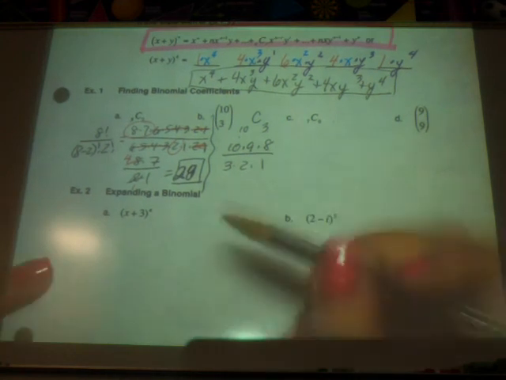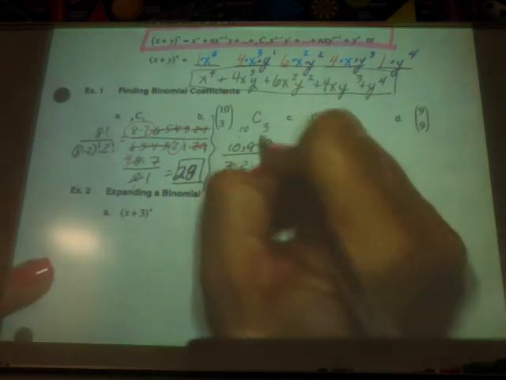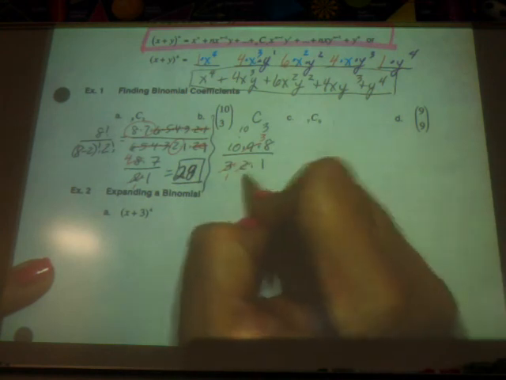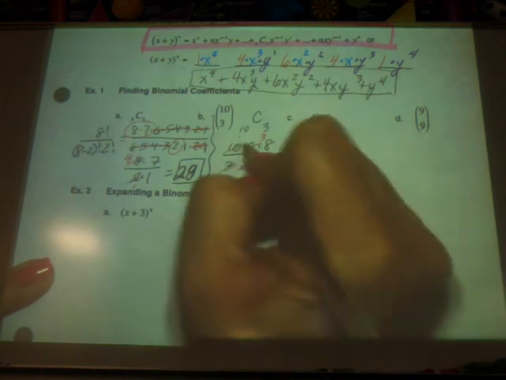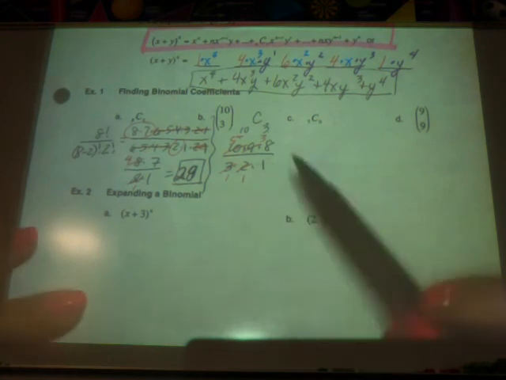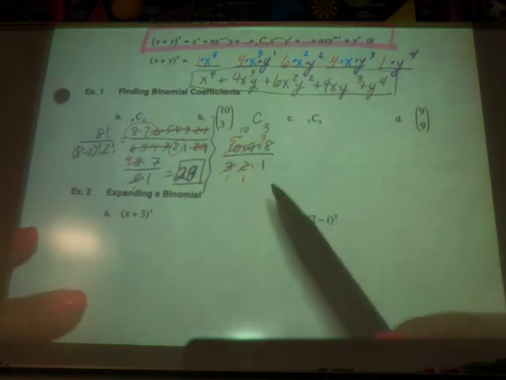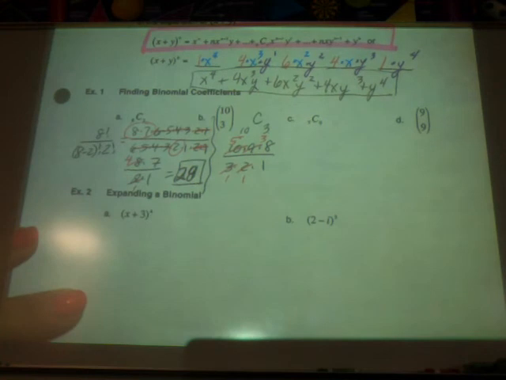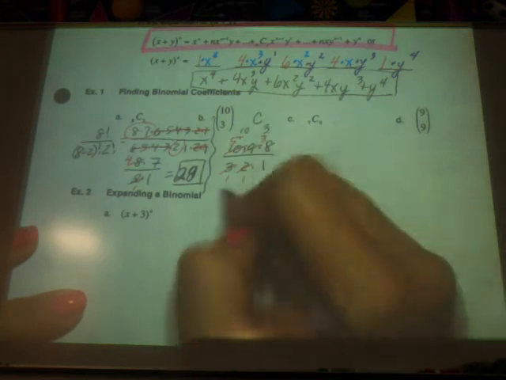So now all I have to do is cancel 3 into the 9 3 times, and 2 into either the 10 or the 8, doesn't matter which, I'm going to cancel into the 10, and then multiply what's left over. 3 times 8 is 24. What's 24 times 5? You're right, 120.